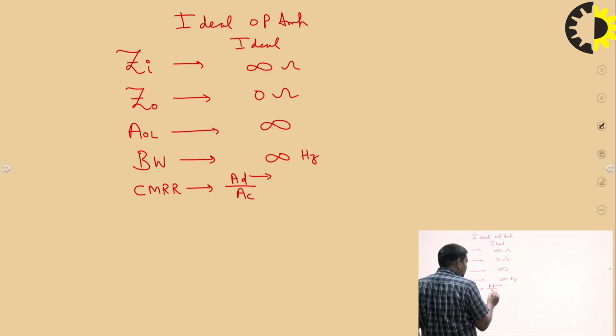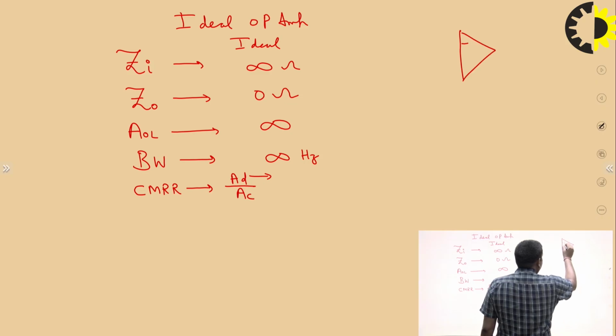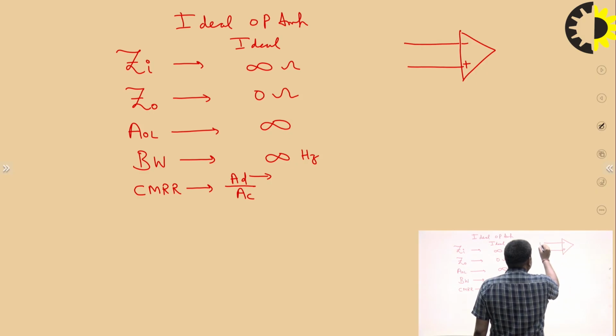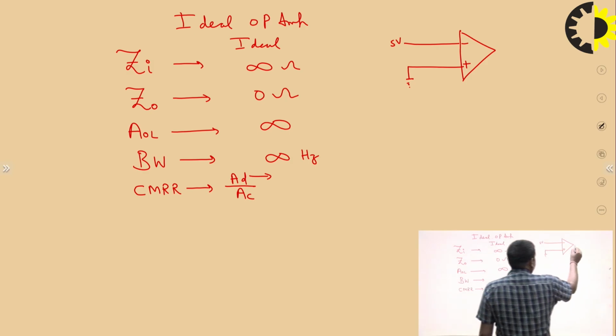And the common mode gain, what is the meaning of common mode gain? Let me explain. This is the minus, this is plus, this is the inverting input, this is the non-inverting input. If we apply a signal of 5 volts here and this is grounded, what is the output?